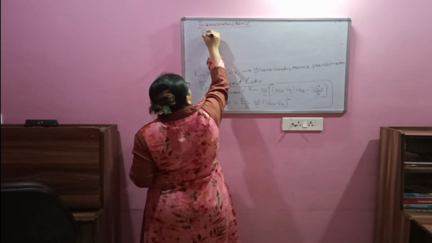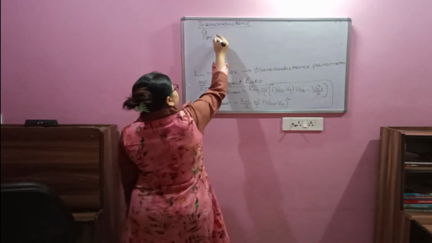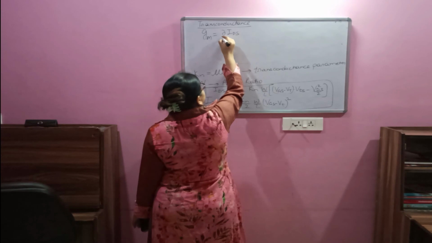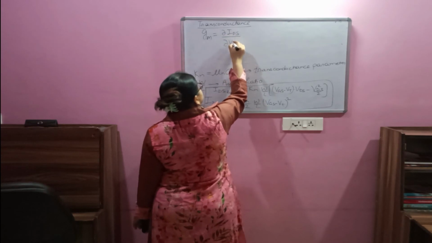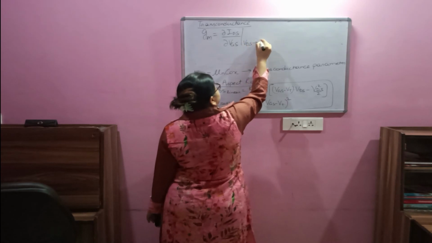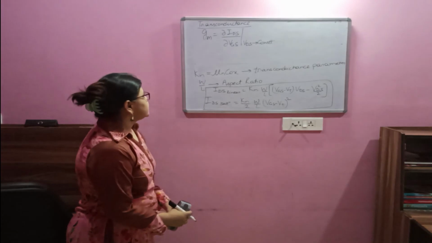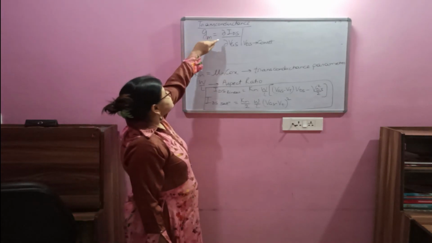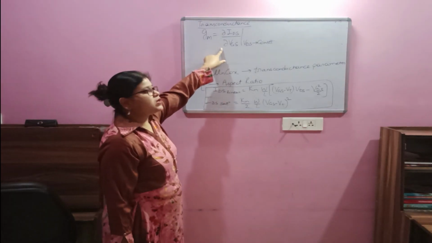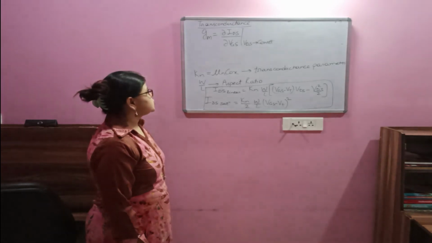It is denoted by small g with a suffix small m, and it is defined as the change in output current with respect to change in input voltage, with output voltage treated as constant. In the case of MOSFET, it is the change in drain current with respect to change in gate voltage at drain voltage constant.